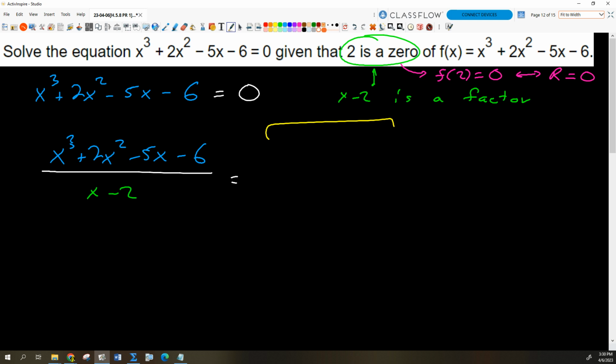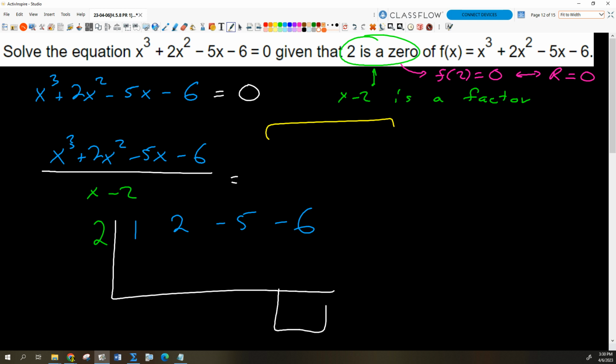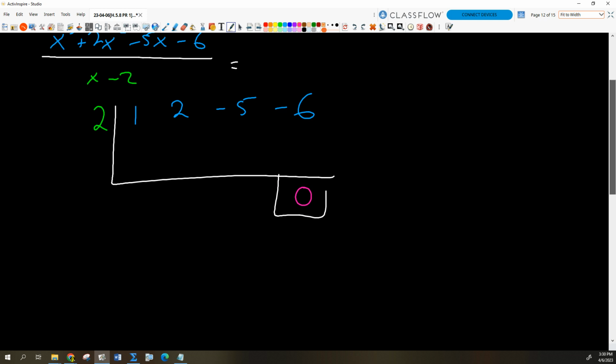If I make my synthetic bracket here, and I put in the blue coefficients, they're just 1, 2, -5, -6. My green 0 is 2, right? And I already know that my magenta remainder is going to be what? It's got to be 0, but we need to know what goes there, right? Okay, so what is that? We can do this synthetically really quick.